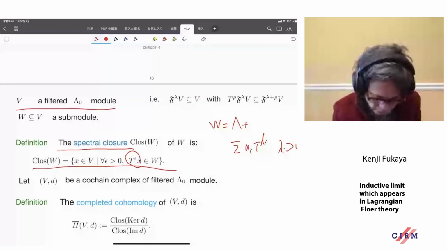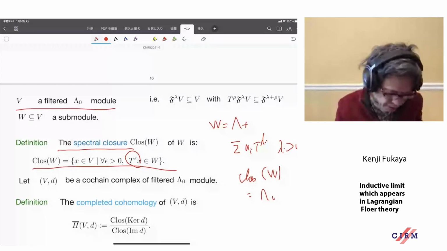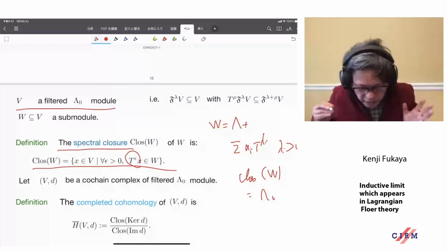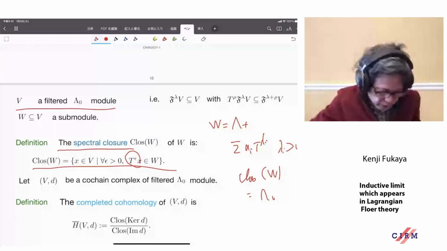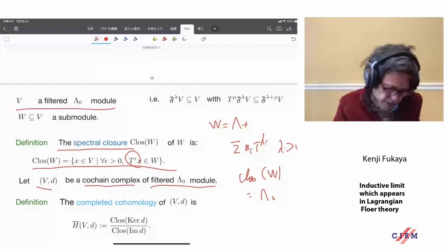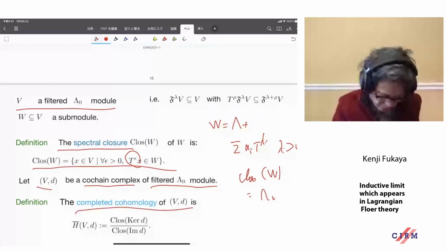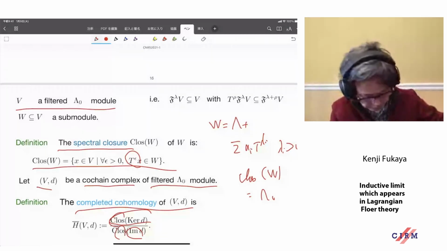You take the spectral closure, then this is Lambda 0. The 0 is allowed. So it is a non-trivial operation, but in the finitely generated case, this is a trivial operation, while in the not finitely generated case, you have non-trivial things. And you have a cochain complex of filtered Lambda 0 modules. Then the completed homology is just to take the kernel and the image, but take their closure. So that is the completed homology.